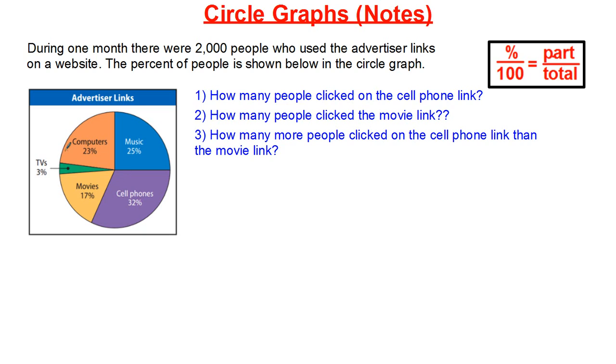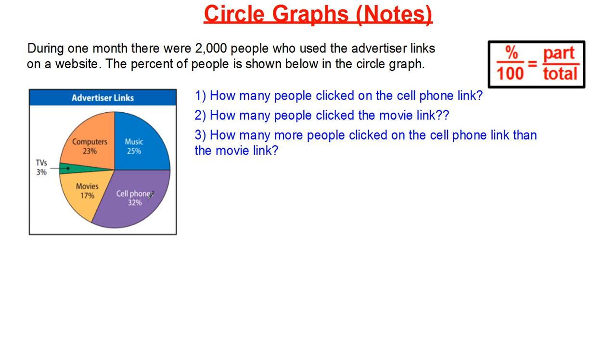So just by looking at the circle graph, I could see that TVs are the smallest amount. Even if it didn't have that 3% here, I could still visually look at the circle graph and tell that, hey, TVs are clicked on far less than cell phones. Okay? So now, the entire circle contains 100% of the data.